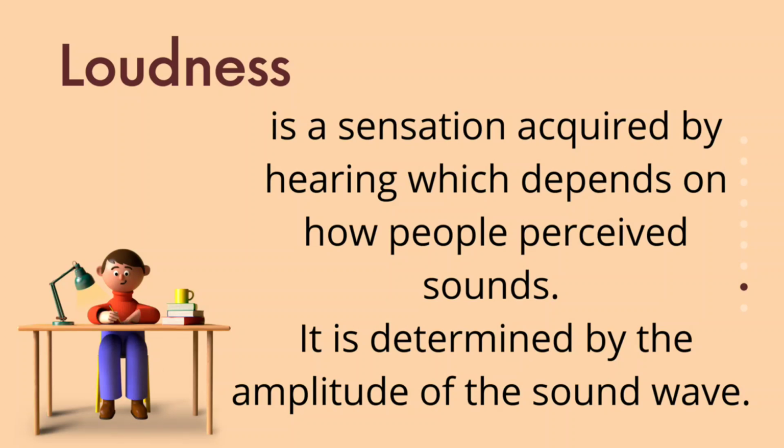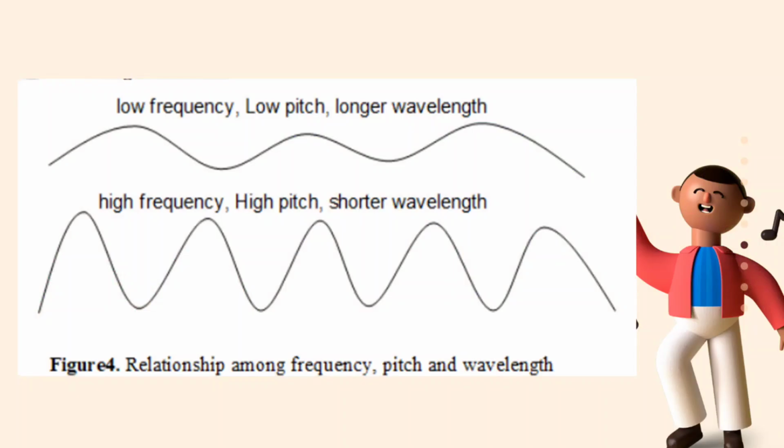Loudness, on the other hand, is subjective. It is a sensation acquired by hearing which depends on how people perceive sounds. How soft or loud is the sound? Loudness is determined by the amplitude of the sound wave.